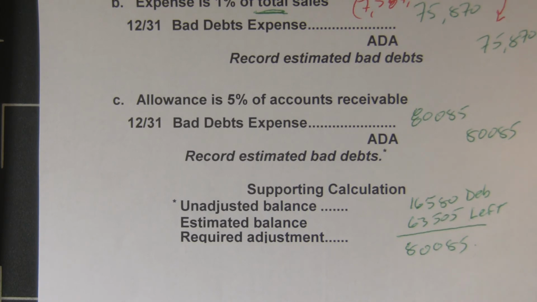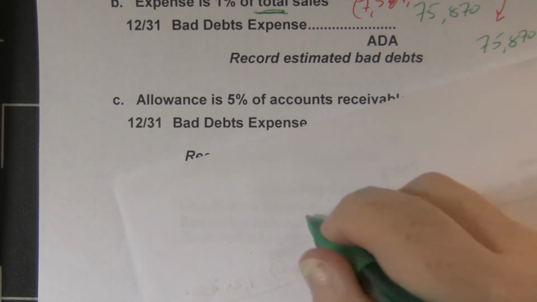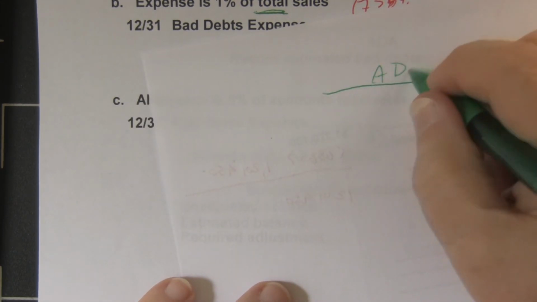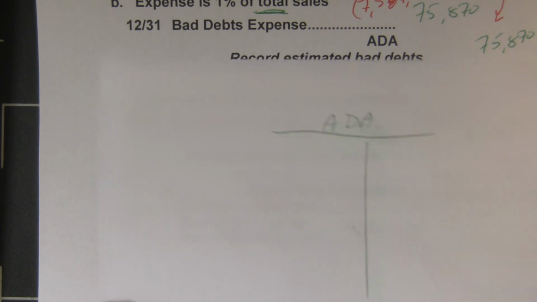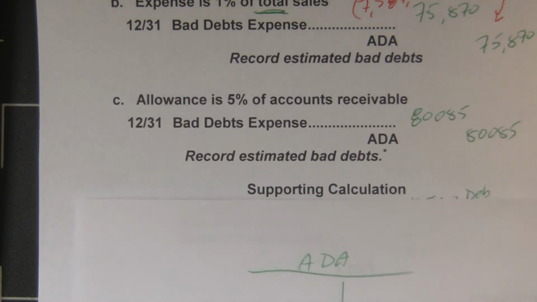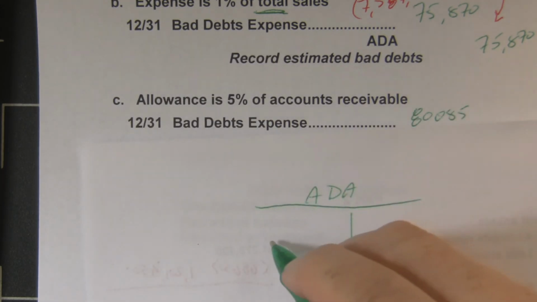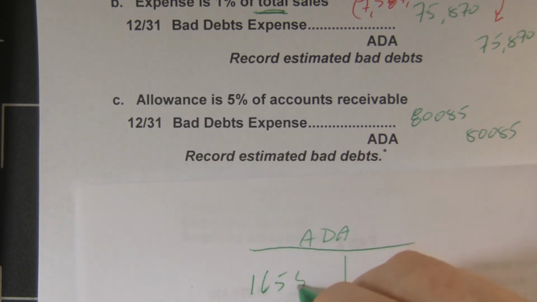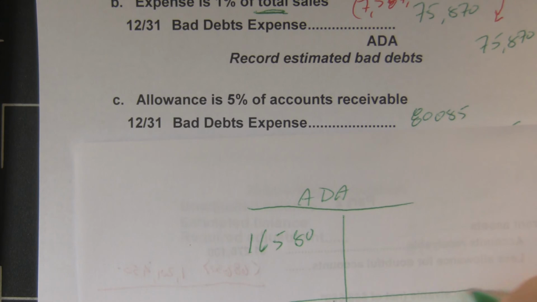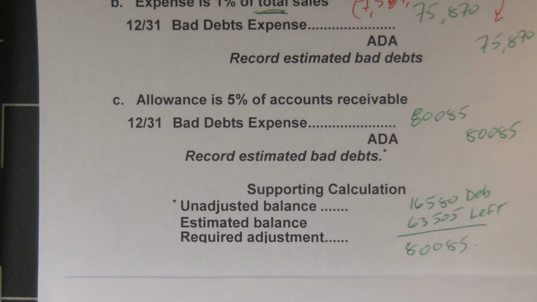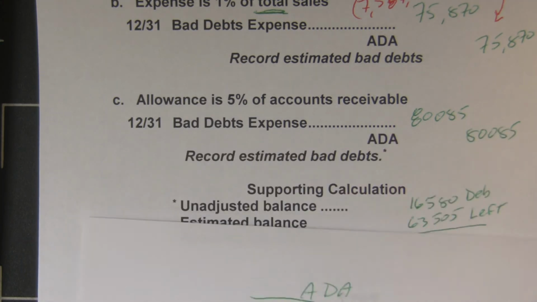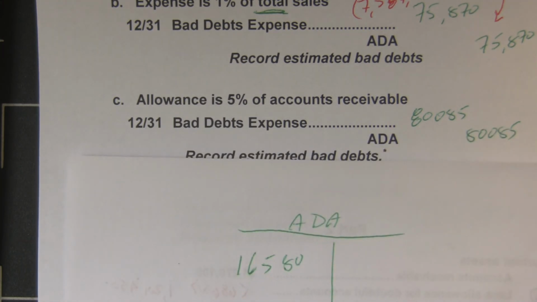Well, keep in mind that if we're looking at a T account here, for the allowance for doubtful accounts, we have a debit balance of $16,580. When we're all done, we want to end up with $63,505.